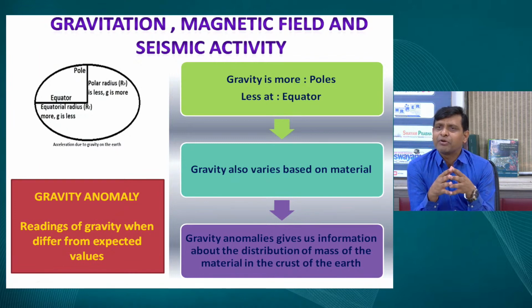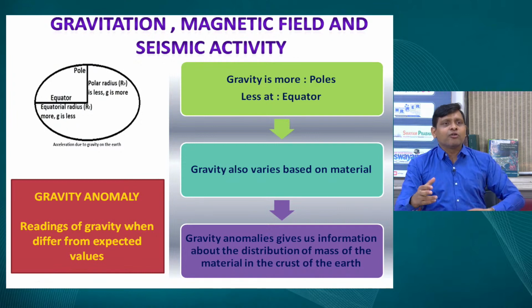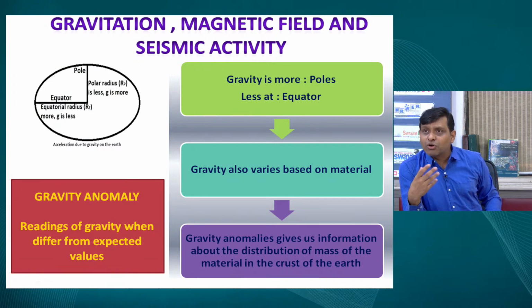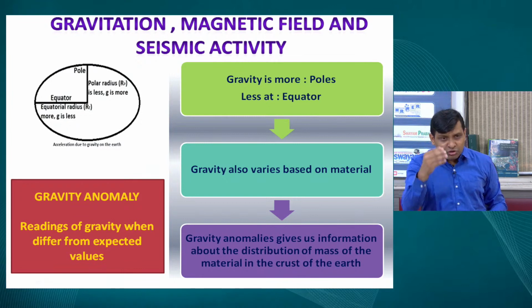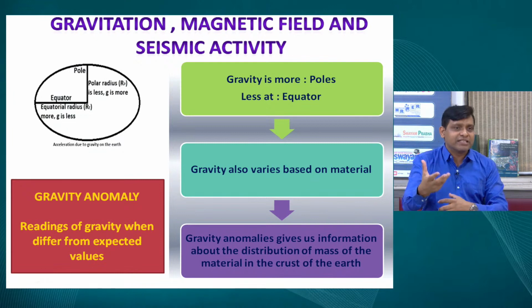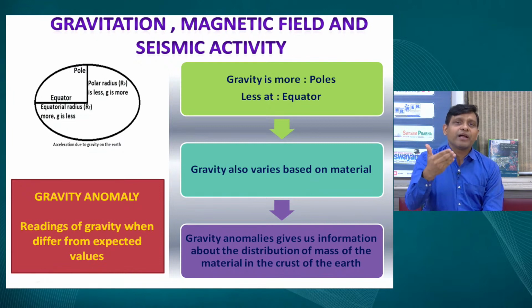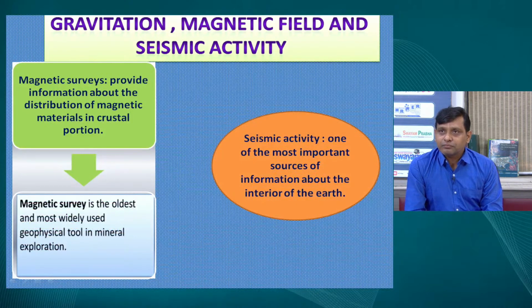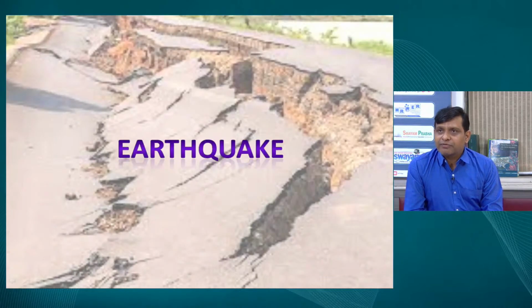We have seen such gravitational anomalies everywhere, where the expected value does not match what is found there. Such anomalies are found in different places, like the Mohorovicic discontinuity. These discontinuities in the gravitational forces happen because we do not find the same material which is there. Then another force which we talk about, so this we have done.